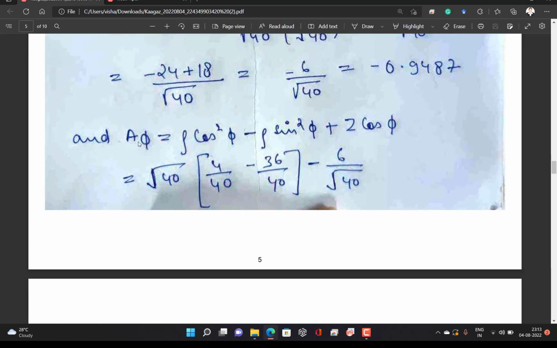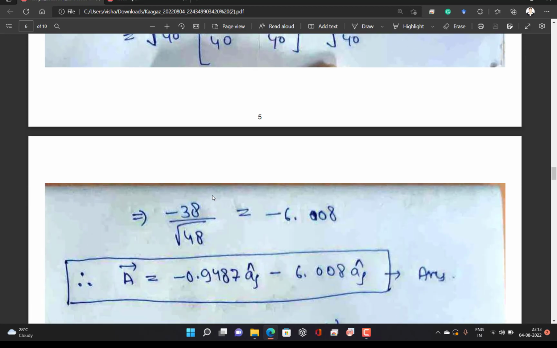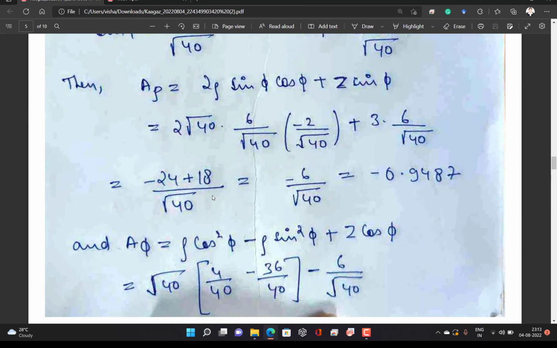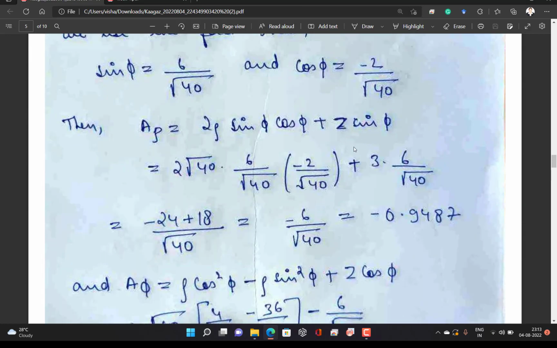Similarly, for a phi, put all the values that we have already got: rho cos square phi minus rho sin square phi plus z cos phi. So put all these values. Sorry, this is not a 2, this is z sin phi.